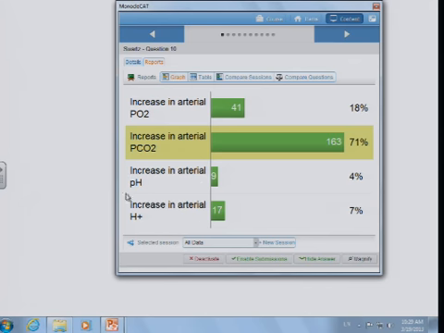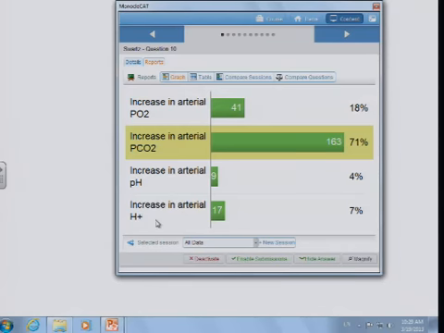Increase in arterial hydrogen ion. Now, that means it's more acidic. pH is decreasing. That will have some effect on the peripheral chemoreceptors. Remember, peripheral chemoreceptors are affected by decreased oxygen, increase in hydrogen ion, or decrease in pH. Oxygen being the primary effector in the peripheral chemoreceptors. So this plays a very small effect in the peripheral chemoreceptors.